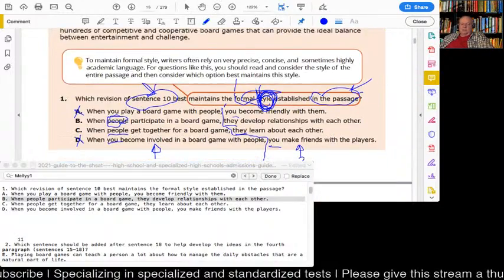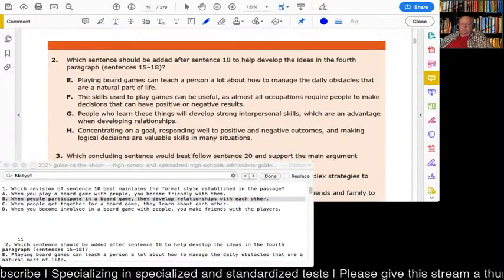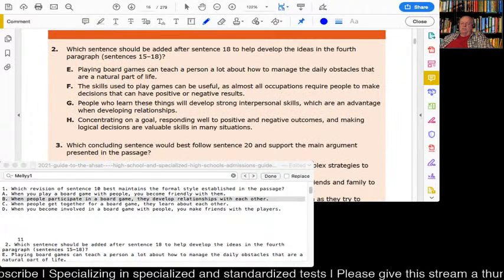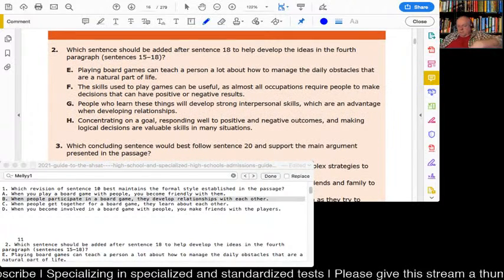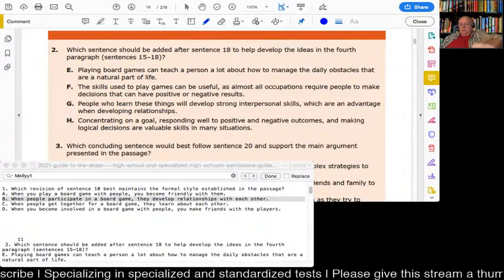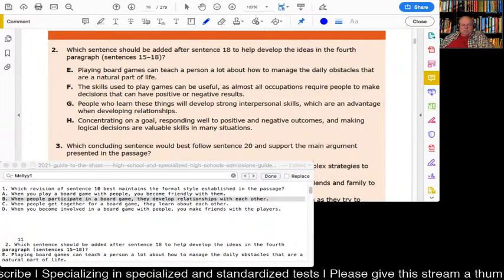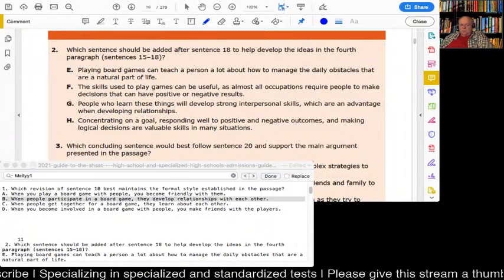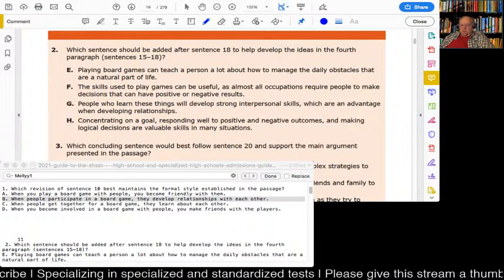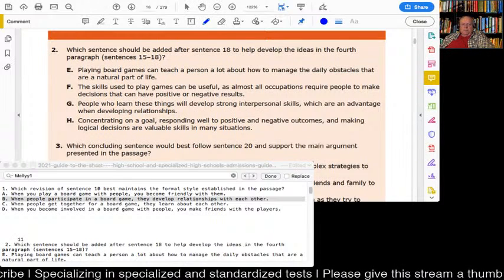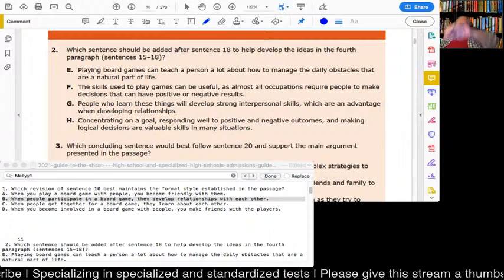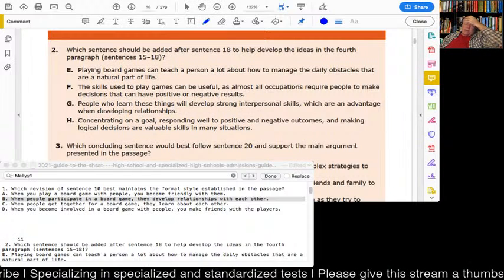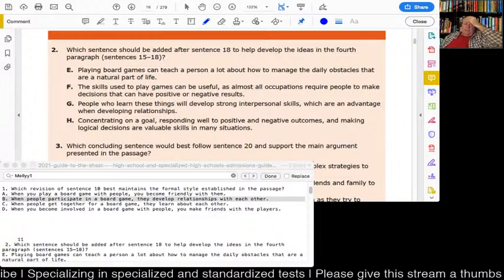All right, so let's go to question number 2. Let's try to look at that in and of itself first, and then see if we can relate it back to the questions. And let me just make sure your screen is not screwed up. No, your screen is good. So is there a pattern in the answer choices? Let's look at the question first.